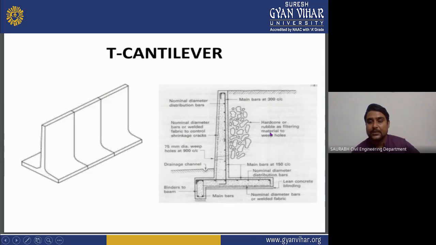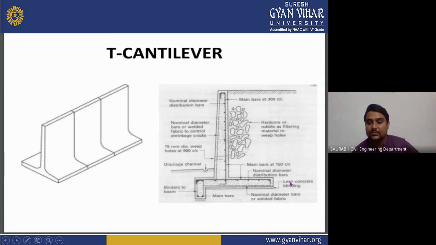And this is your hardcore or rubble filter material with the hole, as you can see here. And these are the main bars which are provided at the bottom of this T cantilever retaining wall. They will be provided at 150 center to center, and nominal diameter distribution bars are provided in this section of the wall.